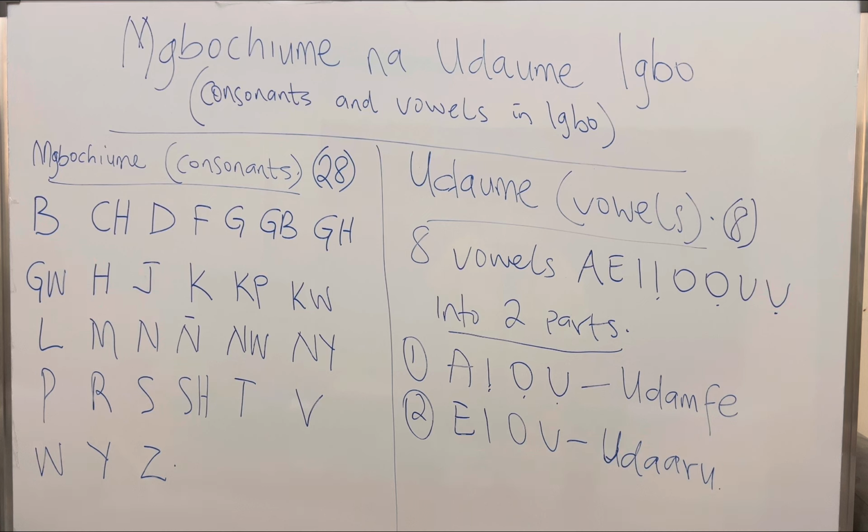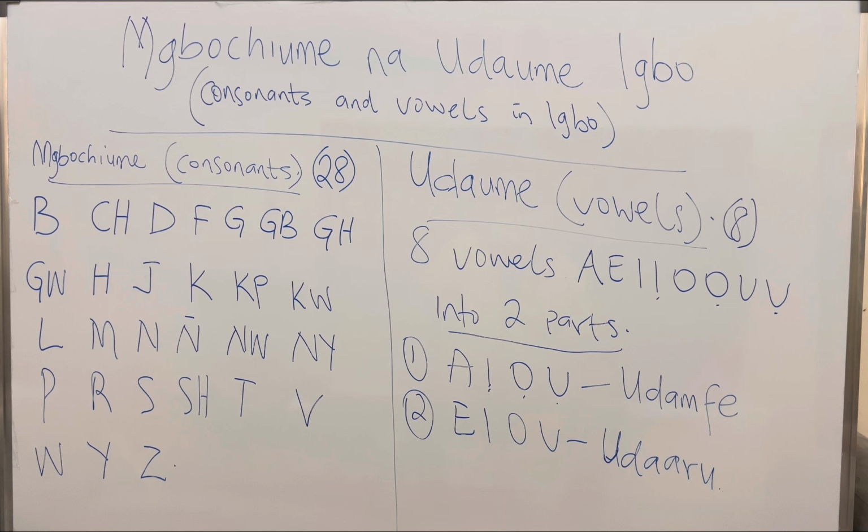Odamfe means that while pronouncing it, it sounds light. Then the second part is known as Odaaro, which means it is slightly heavy while pronouncing it. Let's take them one after the other so that we will be able to know how they sound.